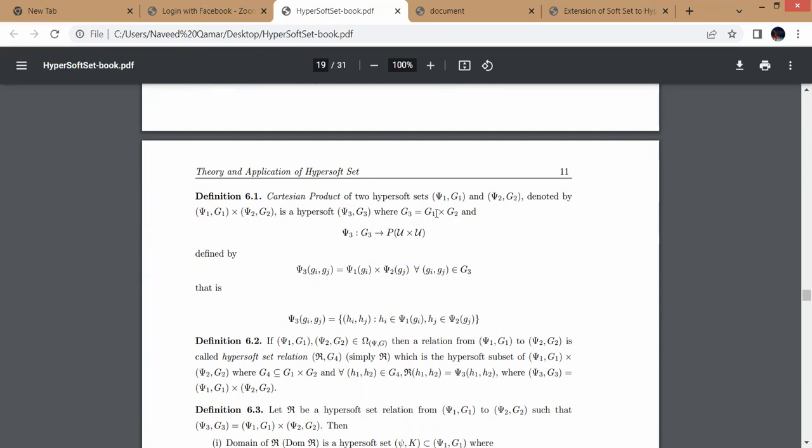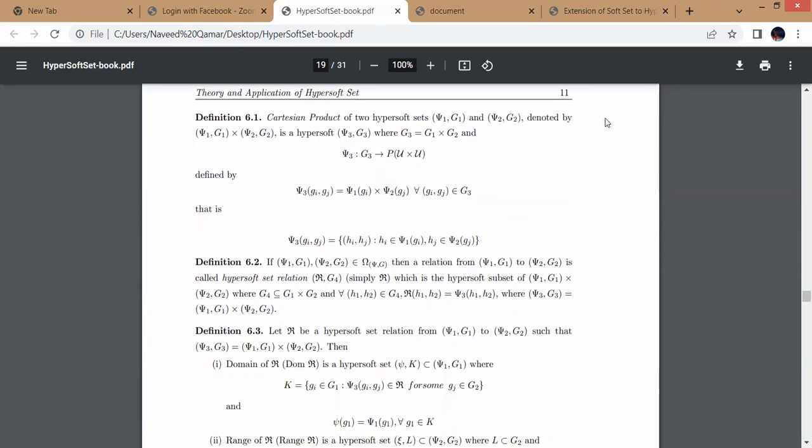If we take two hypersoft sets, hypersoft set 1 and hypersoft set 2 on G1 and G2, denoted by hypersoft set 1 cross hypersoft set 2. This is the main definition here, the Cartesian product of two hypersoft sets.